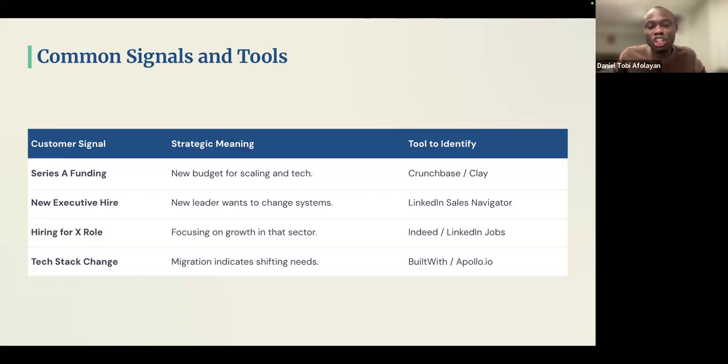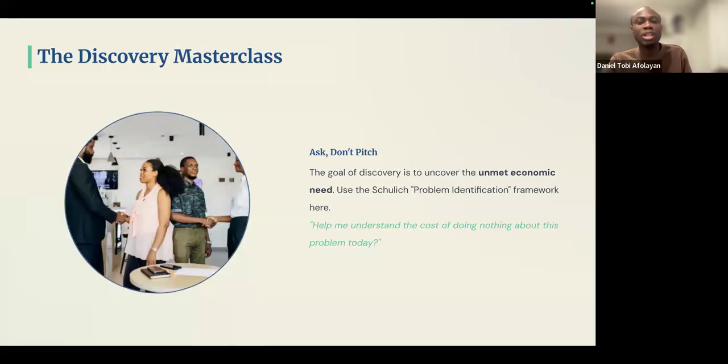Then also if they want to change tech stack, Apollo helps you to know those who are changing a tool or platform. Also, BuiltWith is another tool that can help you. So these are tools that will really help you to understand the signals, because now your leads are no more cold leads. You are now pursuing them based on signals that help you to know them.